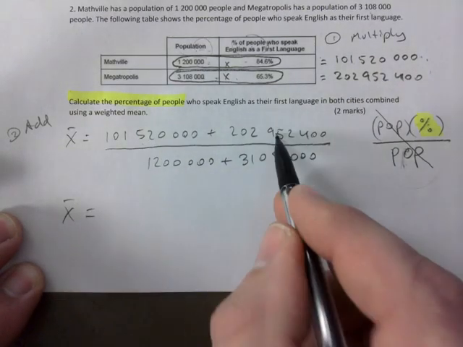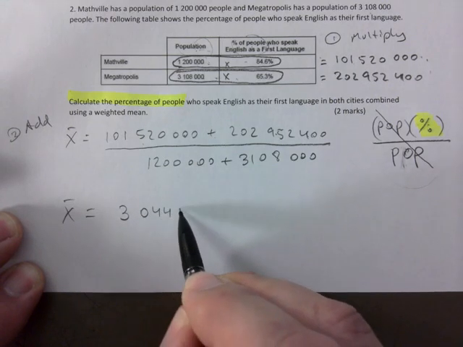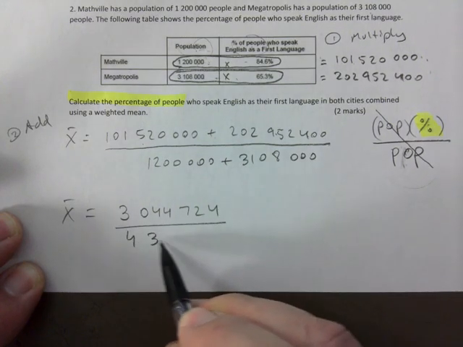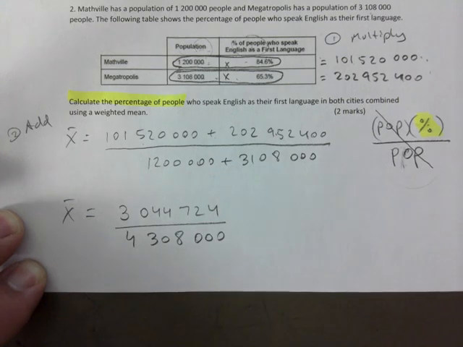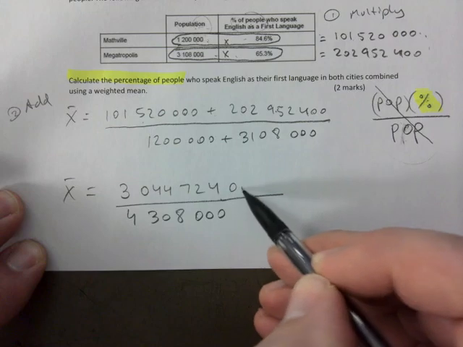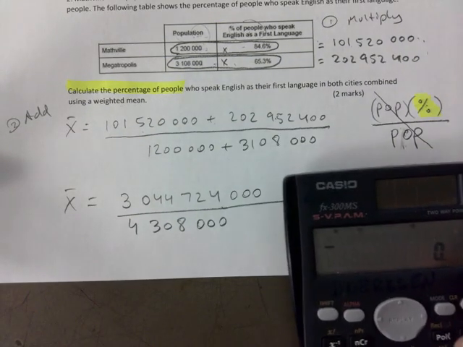So let's add these up. That gives us 3,044,724 over 4,000,000. Oh, sorry, I think I'm off by 3 zeros. I did it slightly differently on my key.